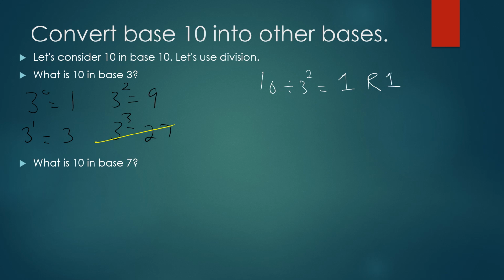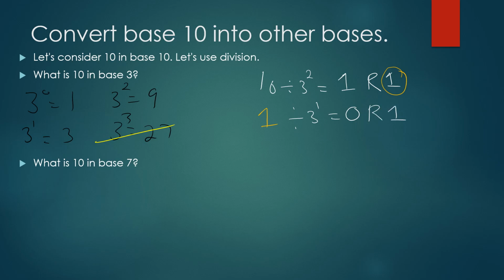Now I'm going to take this remainder and divide that by 3 to the first. Since I don't have a full group, I'm going to write 0 as my number of groups, and I'm going to have a 1 as a remainder.